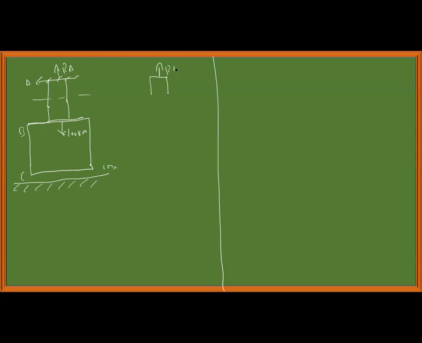RA is acting like this, and P of AB acting like this. So RA minus P of AB is equal to 0, or P of AB is equal to RA. Next section I will consider like this.